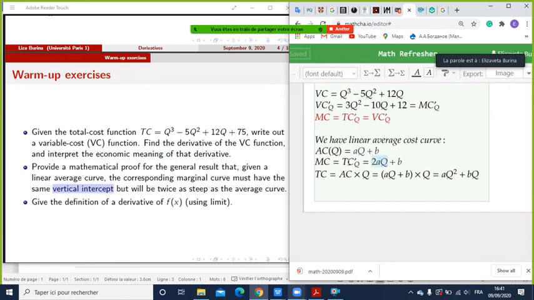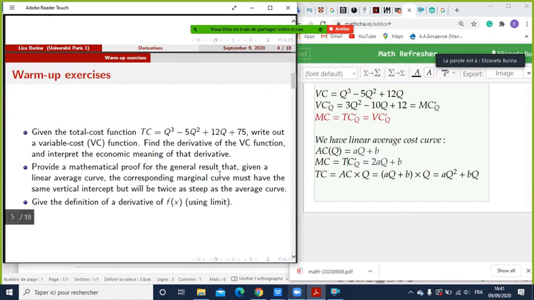And that is true for any linear average and marginal stuff. If you have your average cost linear, you know that you are already able to plot your marginal curve because it is the same intercept with slope twice as big.